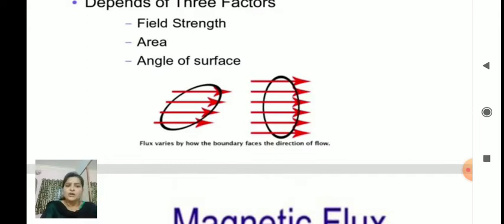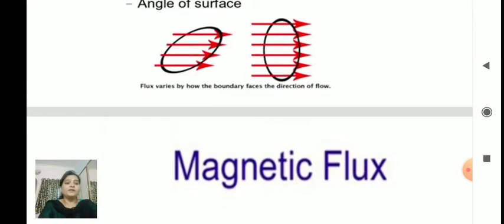If it is along the flow of the magnetic field lines, then flux is more. So in that way we can say that the flux varies by how this boundary faces the direction of the flow.